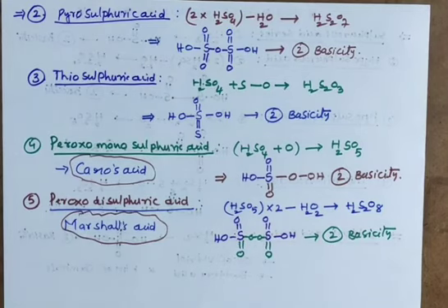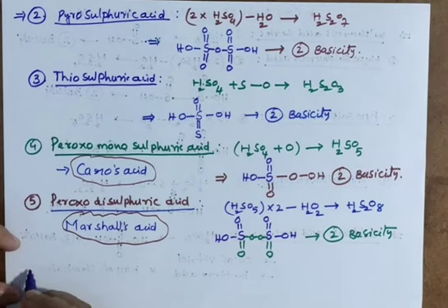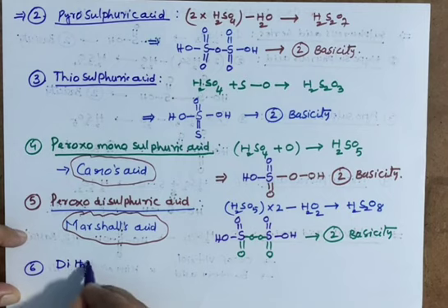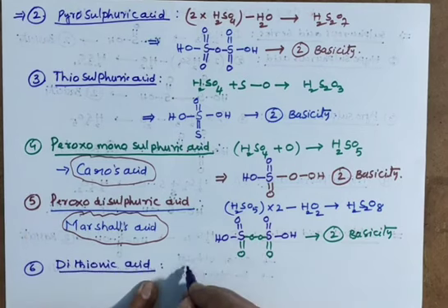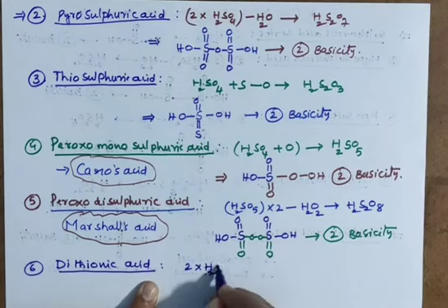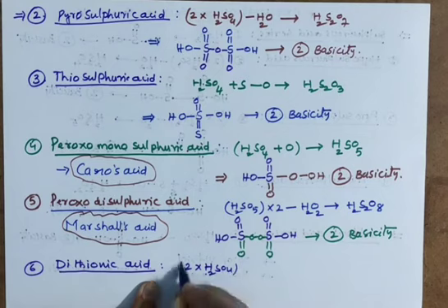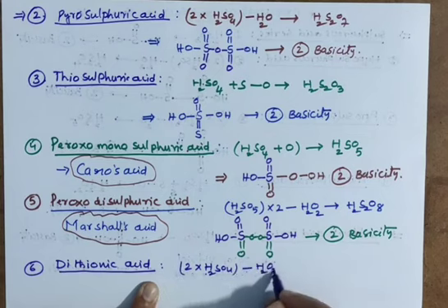Peroxomonosulfuric acid is Caro's acid, and peroxodisulfuric acid is Marshall's acid. Clear? And one we have last one, that is dithionic acid. How to remember? Very easy. Go for sulfuric acid. 2 into sulfuric acid minus H2O2.